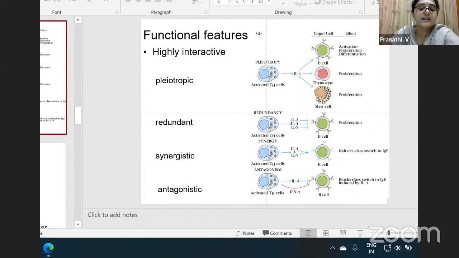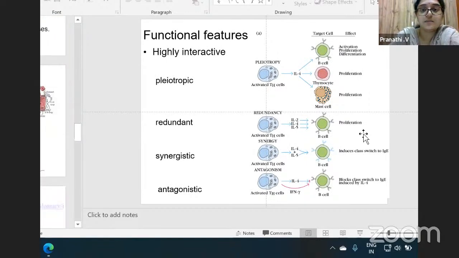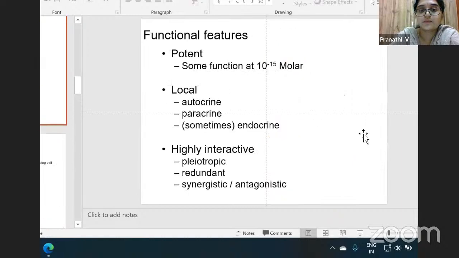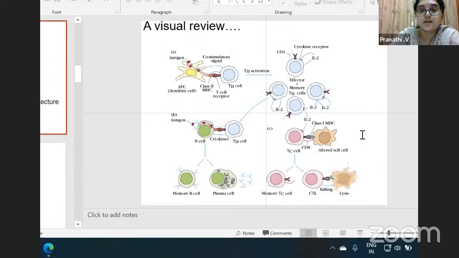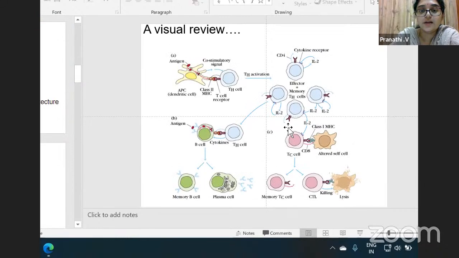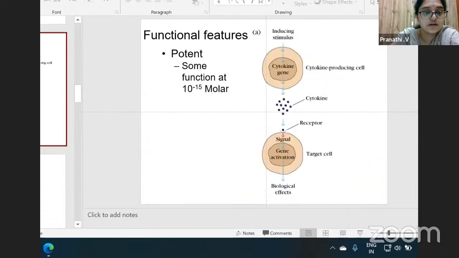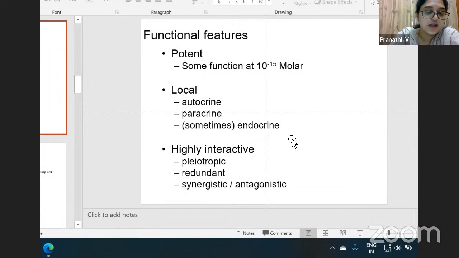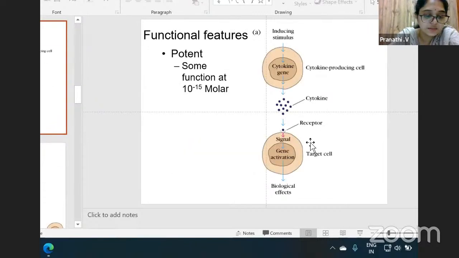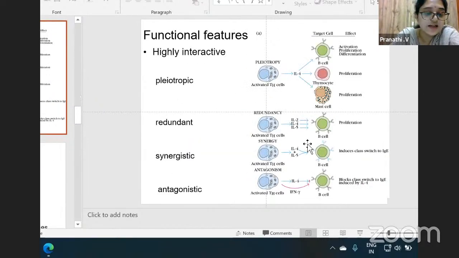They have a high affinity with the receptors, and they exhibit induction of the following functions: cascade pathways, redundancy, and pleiotropy.